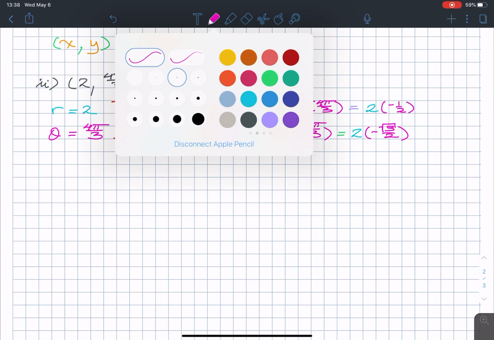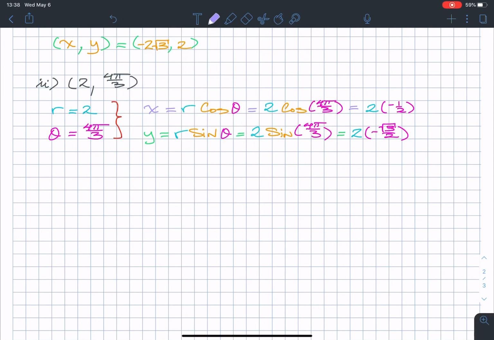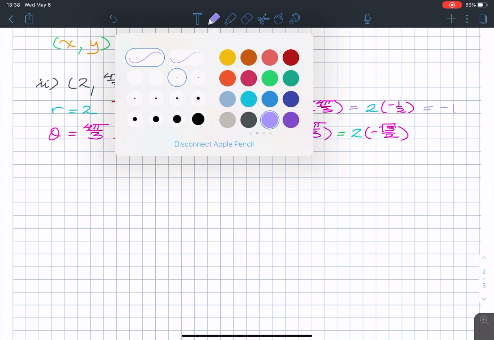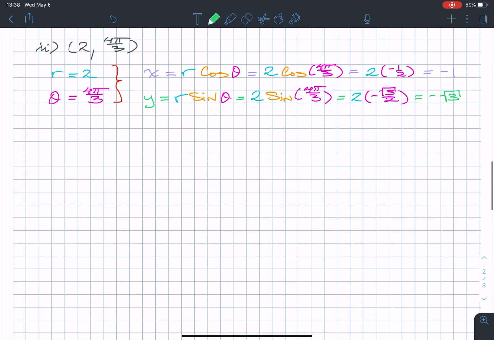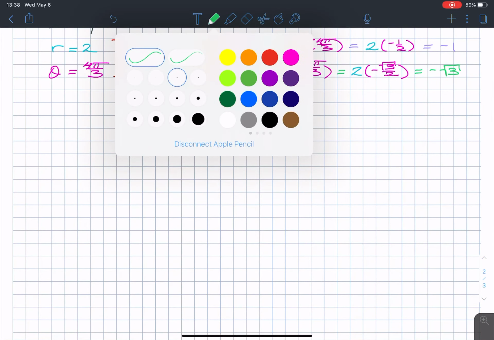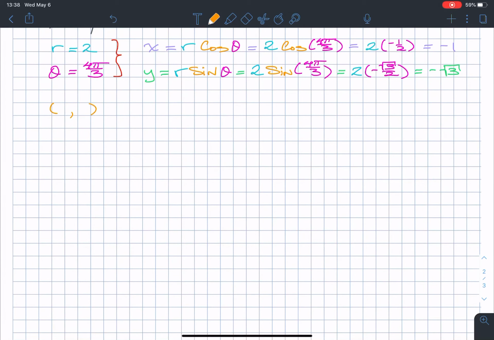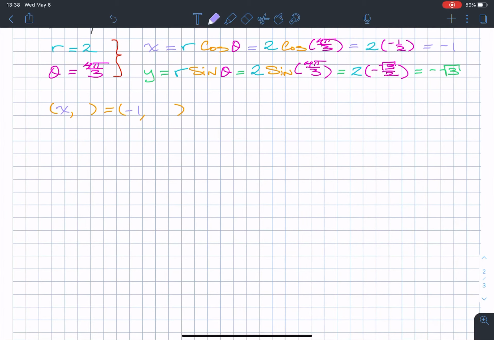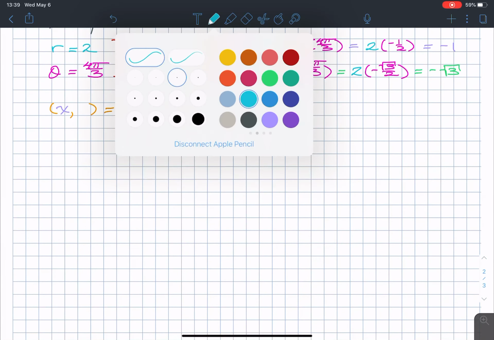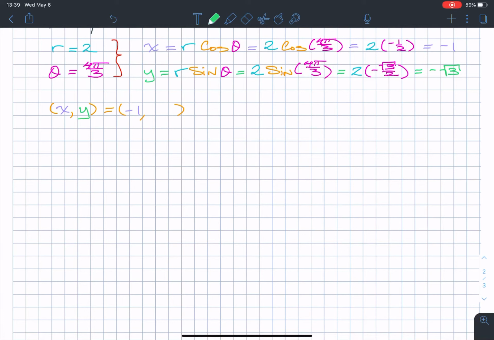So when all is said and done, we get that x is going to be negative 1, and y is going to be negative root 3. So our coordinate x comma y is x is negative 1, pardon me, and y is negative root 3. So that is the corresponding rectangular coordinate for that one.